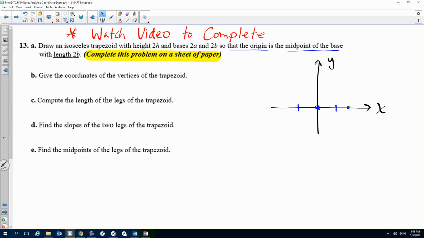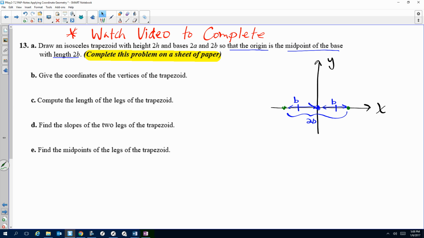So if this whole distance between them is the 2b, that means each side has a length of b.